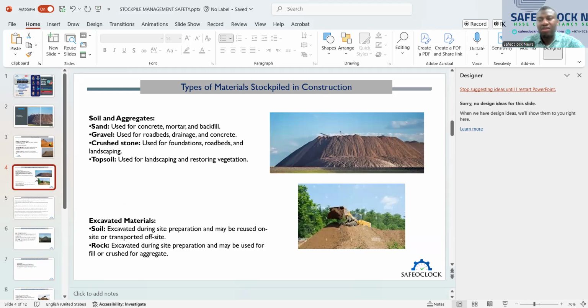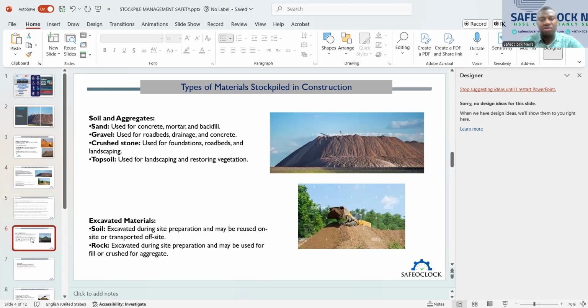You can stockpile them depending on the industry and what you want to use them for. You keep them temporarily in a particular area, and those stockpile areas should be properly managed for safety. Excavated materials like soil or rock are also stockpiled and kept safely to prevent misuse and to prevent injury.